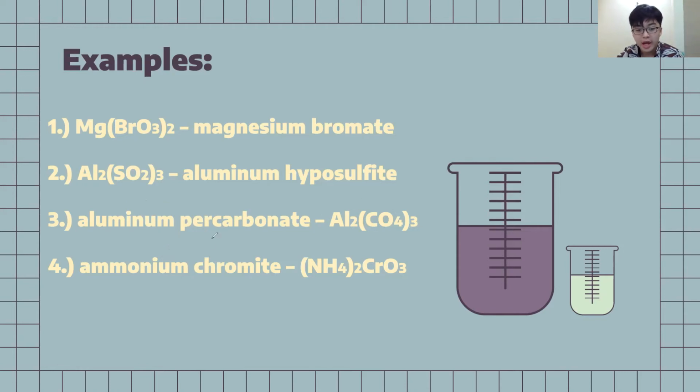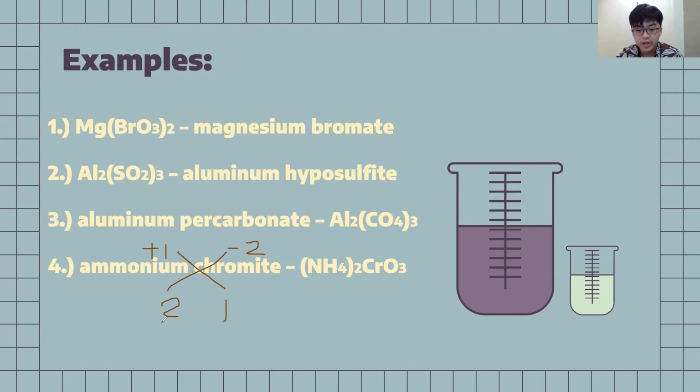Next, we have ammonium chromite. Ammonium here is NH4 and it is plus 1. And here we have chromite, which is negative 2. So we cross multiply. This one becomes 2 and this one becomes 1.